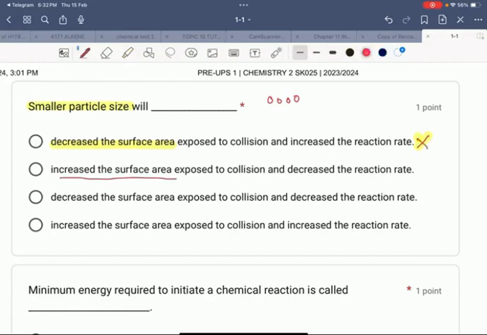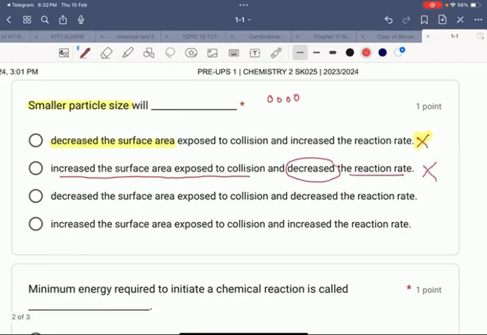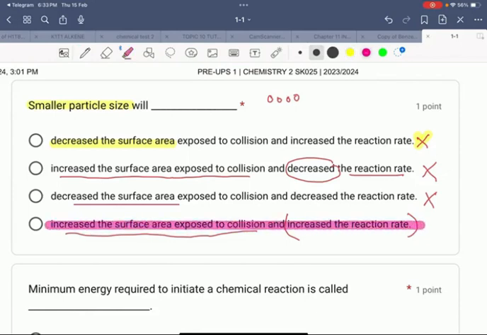Increase the surface area exposed to the collision but decrease the reaction rate, this is a wrong statement. Decrease the surface area, no. When the substance is smaller, the surface area exposed to the collision will be increased, so this is also an incorrect statement. And the last one, increase the surface area exposed to the collision and also increase the reaction rate. So the correct statement is option number 4.